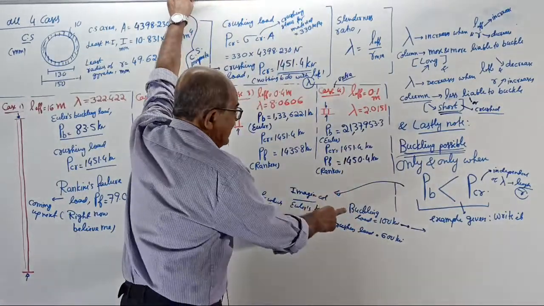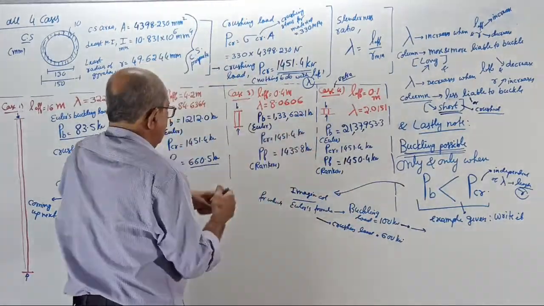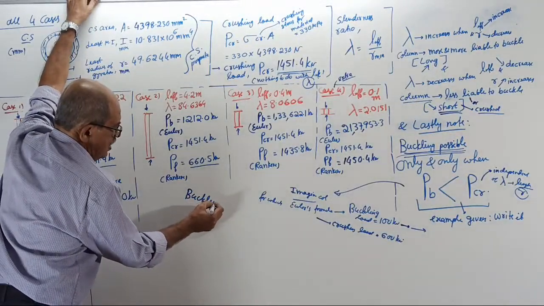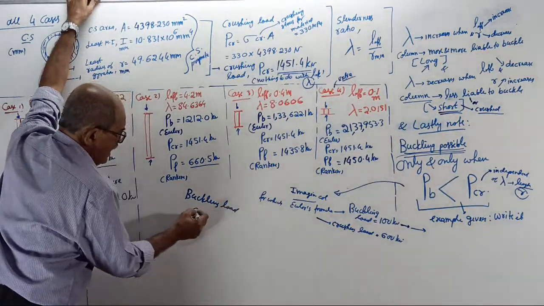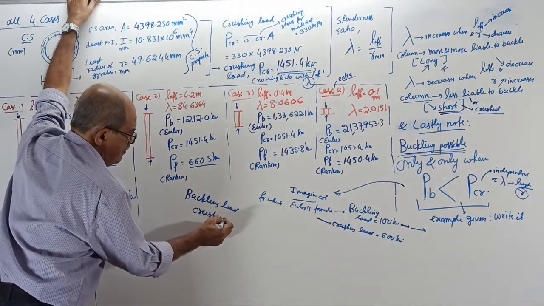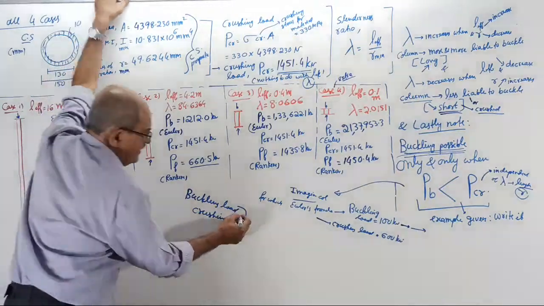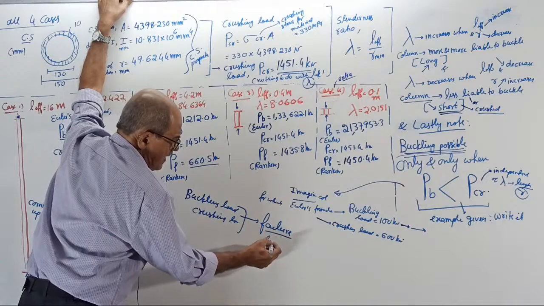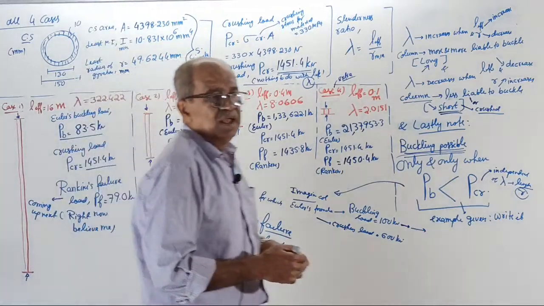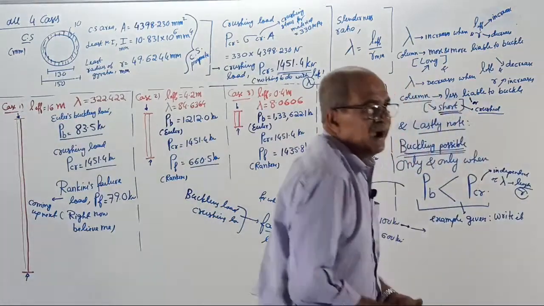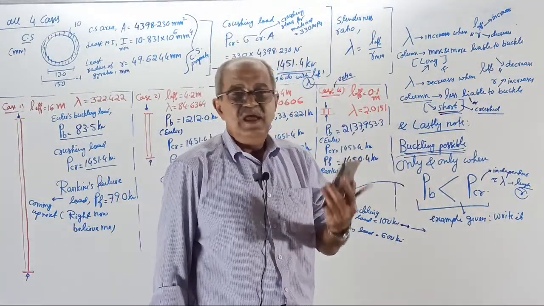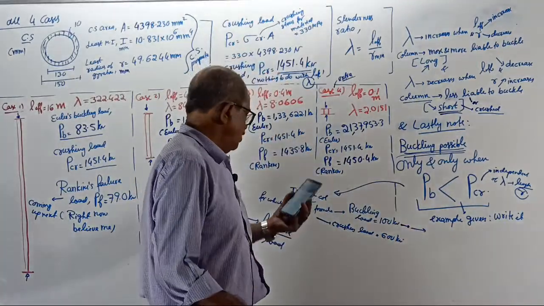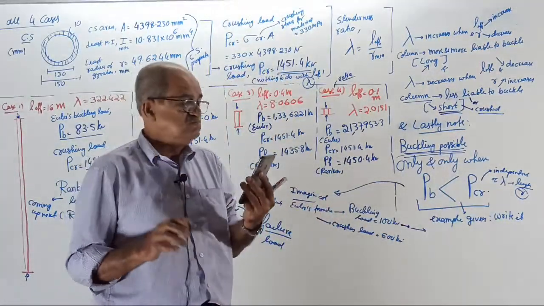Remember, irrespective of buckling or crushing, whether it is a buckling load or crushing load, it is ultimately failure load, correct? Column fails by buckling, column fails by crushing. Buckling load is a failure load, crushing load also is a failure load, yes or no?